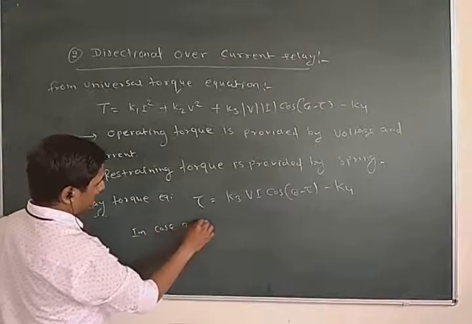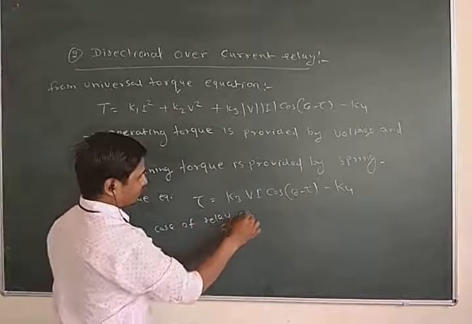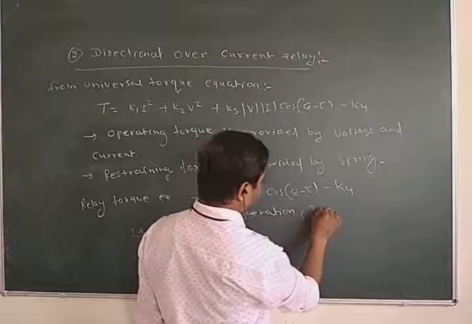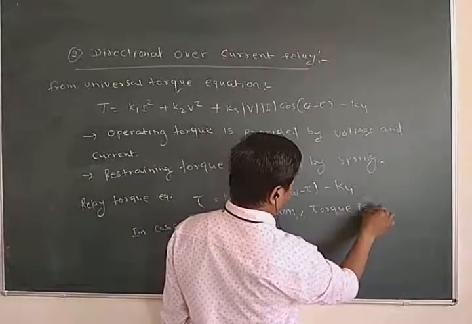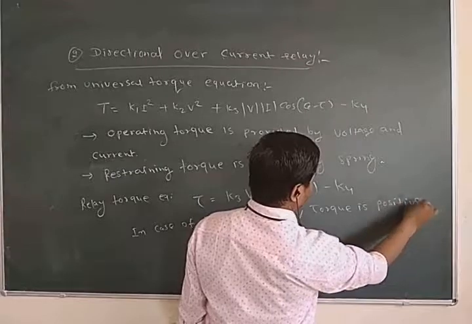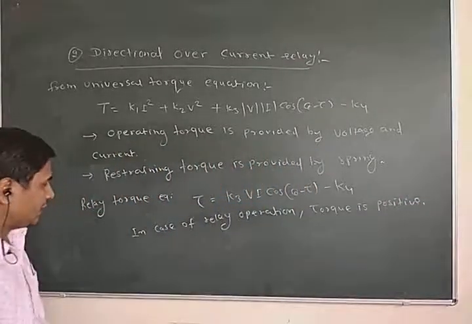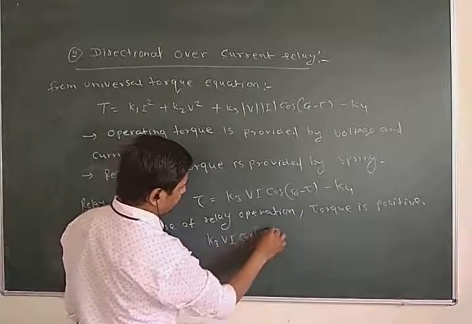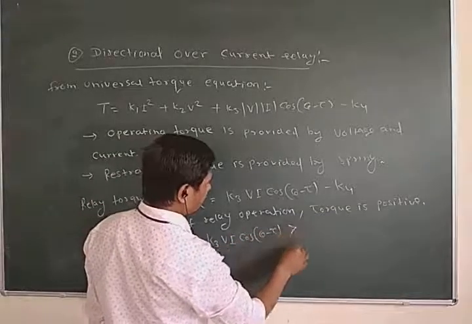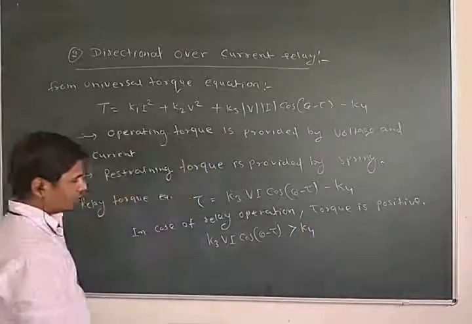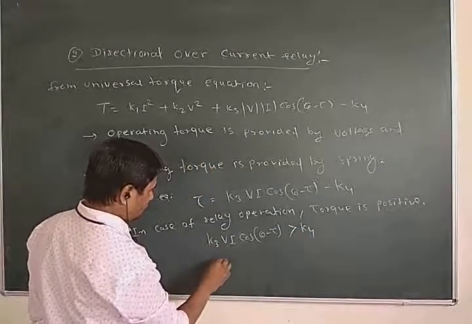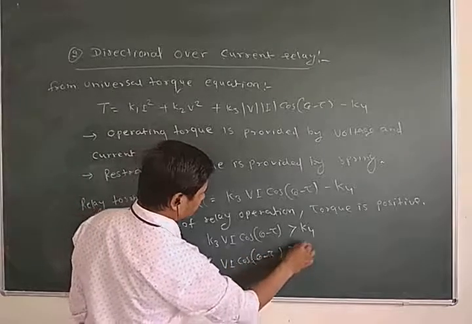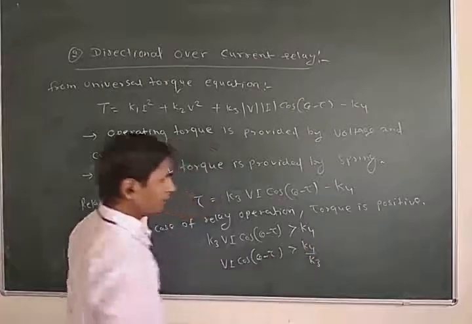In case of relay operation, torque is positive. So we can write K3 VI cos(theta minus tau) is greater than K4, or VI cos(theta minus tau) is greater than K4 upon K3.